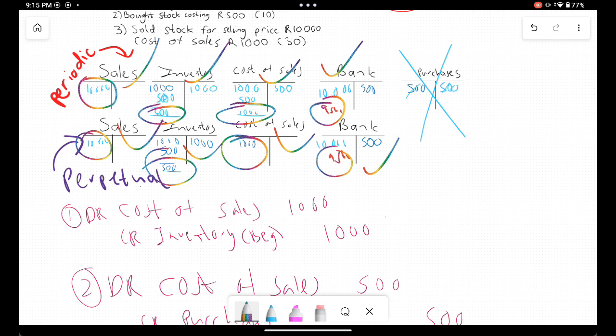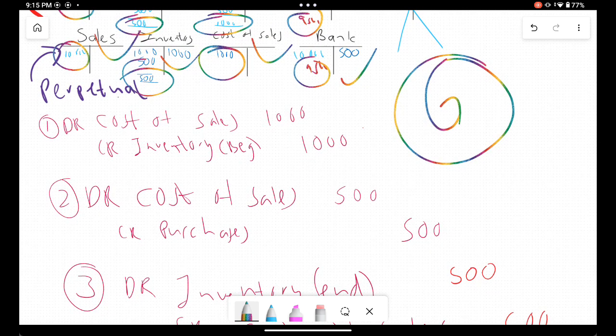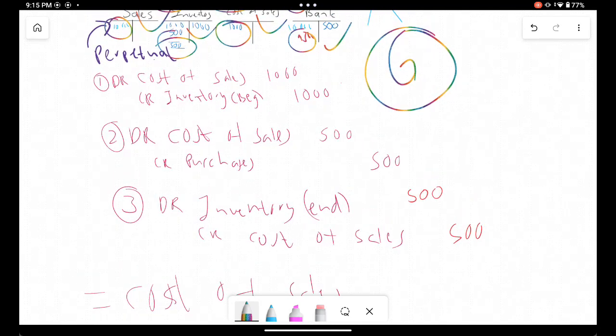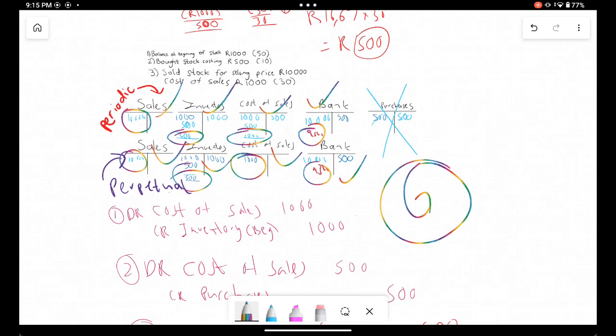So can you see we did this whole system just to show that the purchases cancel out, that the cost of sales gets recorded via doing these three transactions. Doing these three transactions will do everything for you in the transaction ledgers above.